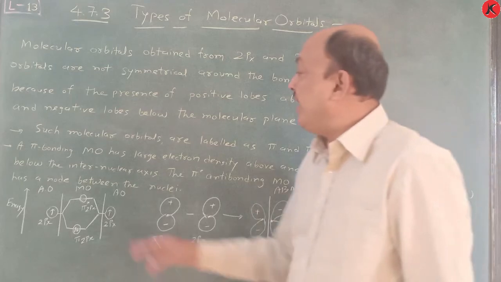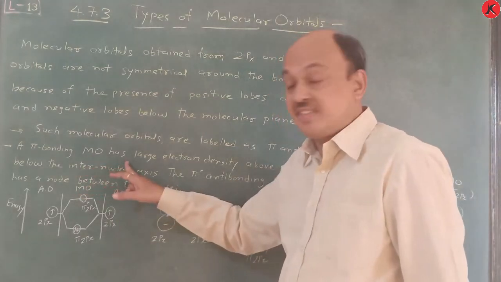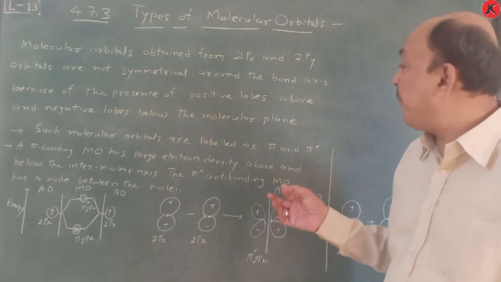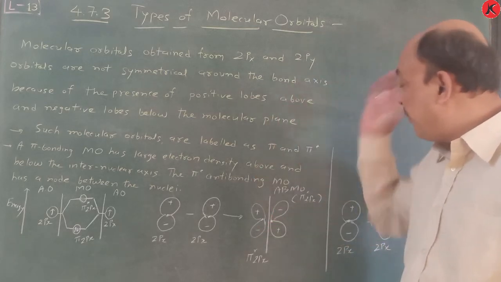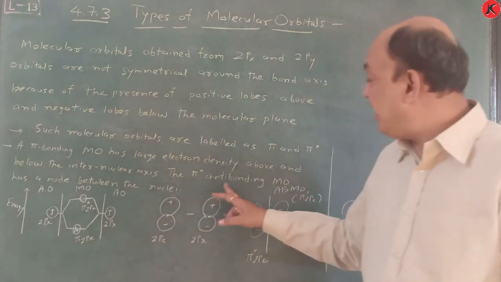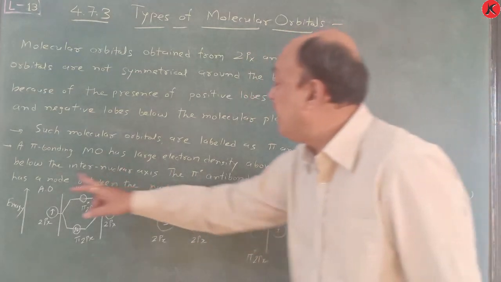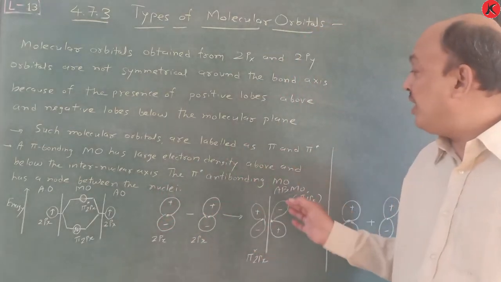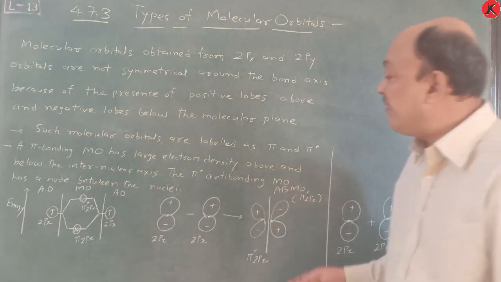A pi bonding molecular orbital has large electron density. Remember, large electron density is present in a pi bonding molecular orbital above and below the internuclear axis. The pi star antibonding molecular orbital has a node between the nuclei. So this is a very easy topic.